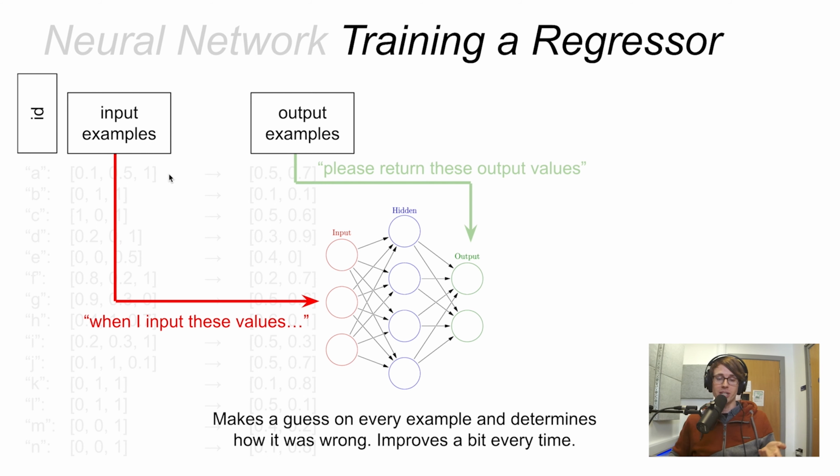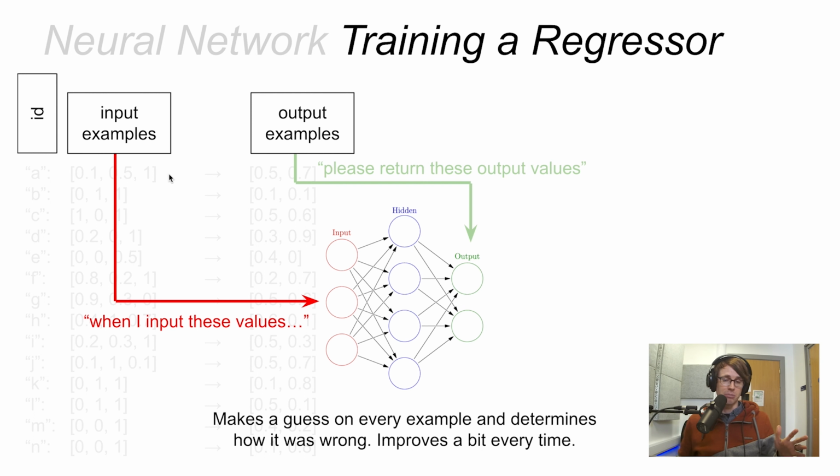Each time the neural network receives an input example, it makes a guess on what it thinks the output values should be, and then checks against the output values I provided to see how wrong it was. Depending on how wrong it is, it'll correct itself a little bit so it can be more accurate next time. After doing this training thousands and thousands of times, it starts to get pretty good at predicting the output values that I want based on the input values that I show it.